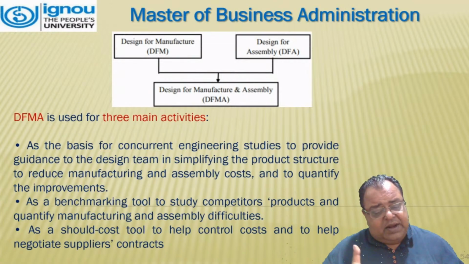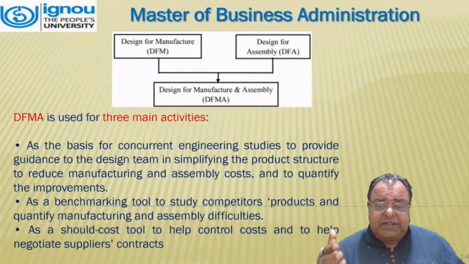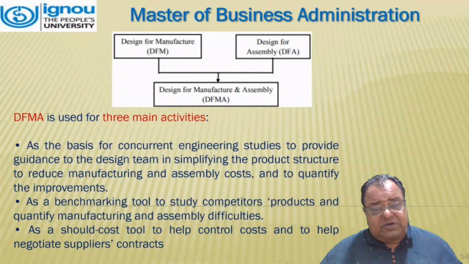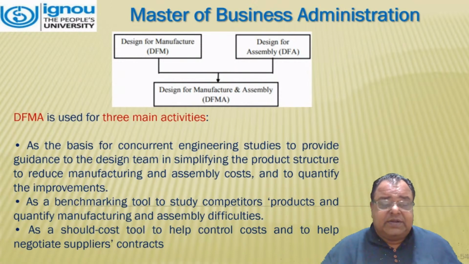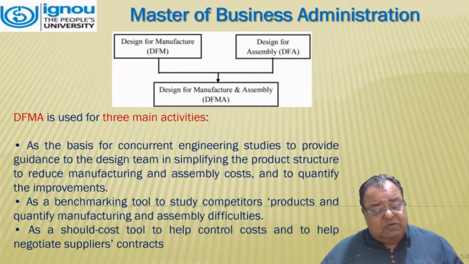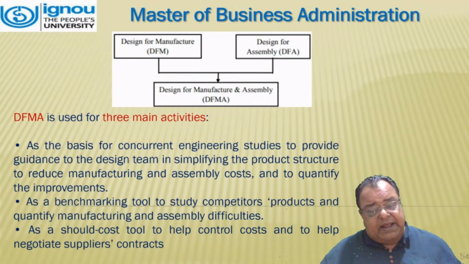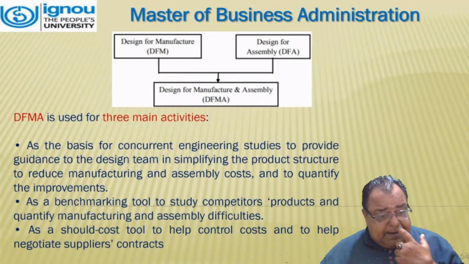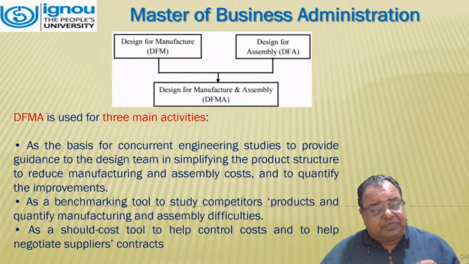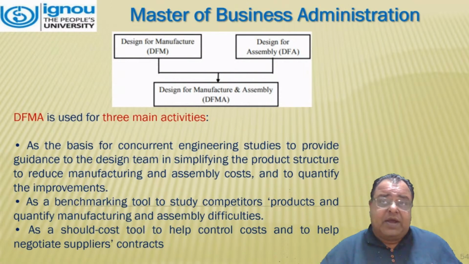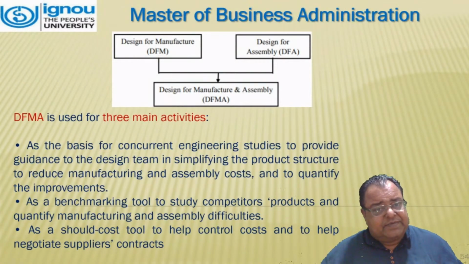First, as the basis for concurrent engineering studies to provide guidance to the design team in simplifying the product structure, to reduce manufacturing and assembly costs, and to quantify the improvement. Secondly, as a benchmarking tool to study competitors' products and quantify manufacturing and assembly difficulties. And thirdly, as a should-cost tool to help control costs and to help negotiate supplier contracts.